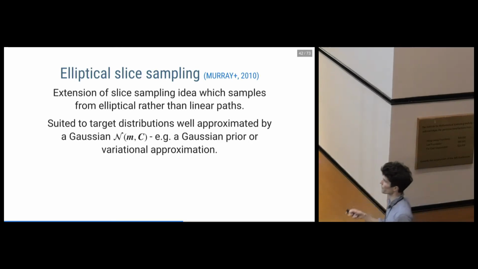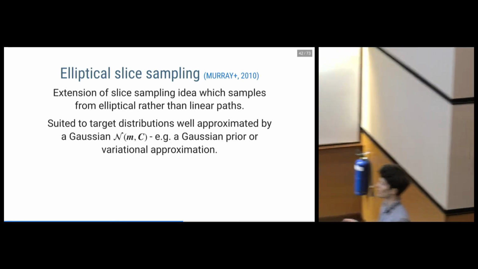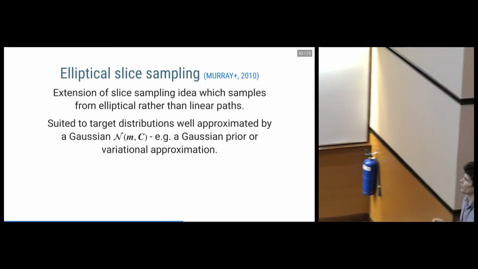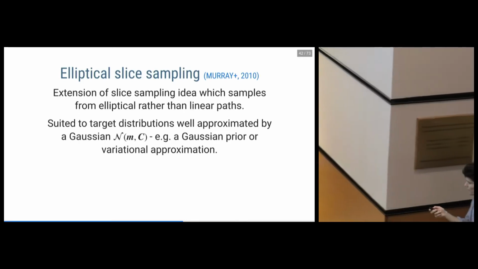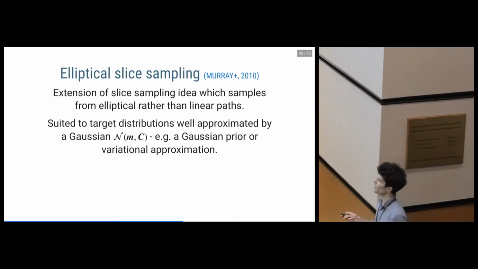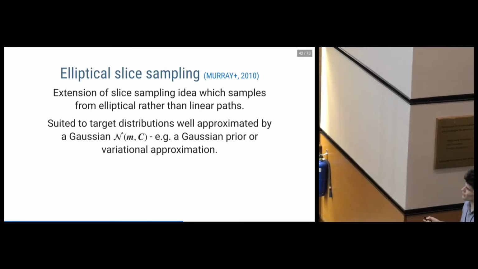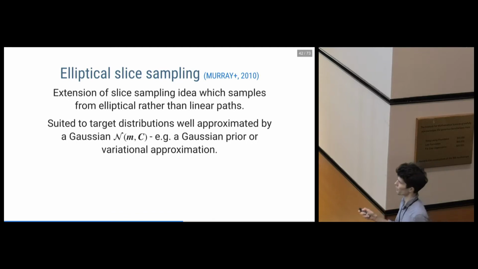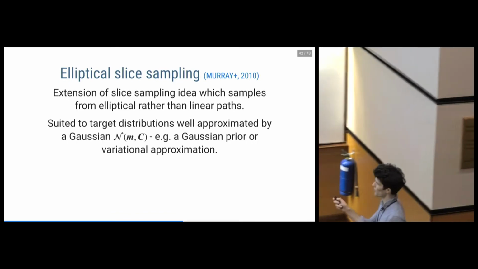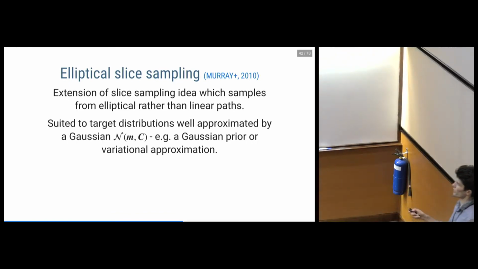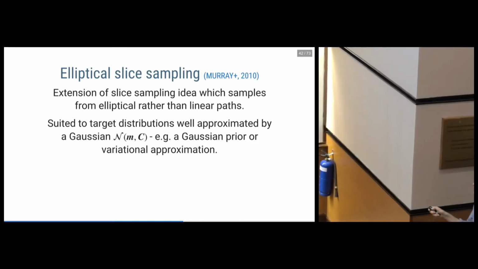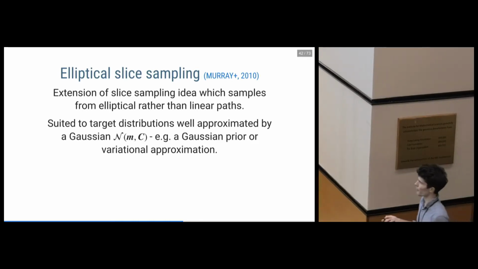Or perhaps we've come up with, say, a variational Gaussian approximation to the posterior that we think at least locally fits that posterior well. Then basically we can think of redefining the density, say, with respect to the Lebesgue measure for the distribution, as with respect to the Gaussian measure defined by this Gaussian density.